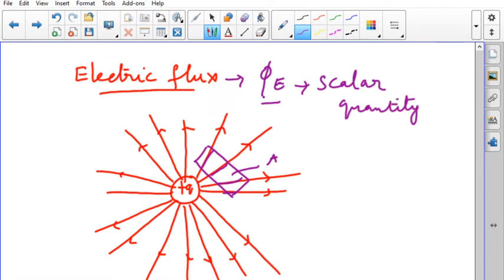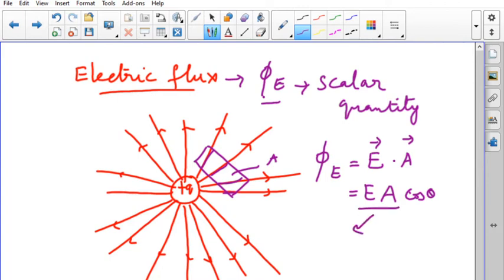Now let us learn its expression: phi E is expressed as E vector dot A vector, that is EA cos theta. I will explain this in detail in a later section. To derive the SI unit, E is electric field, and the unit of electric field is Newton per coulomb, and this is area, so it is meter square.